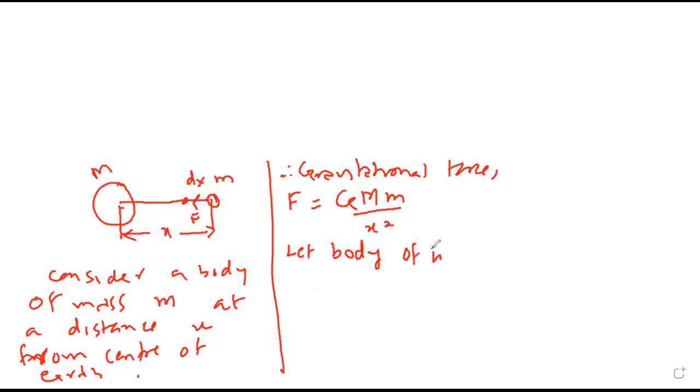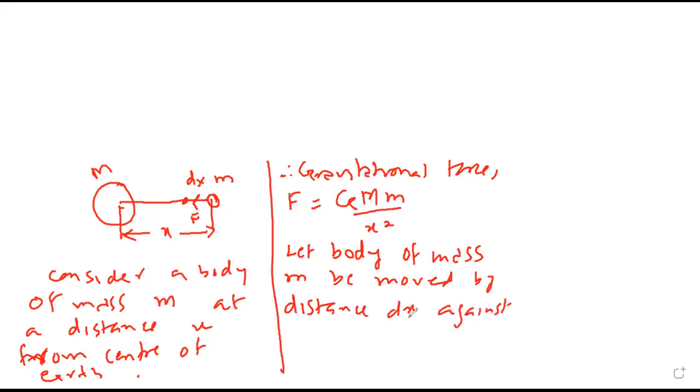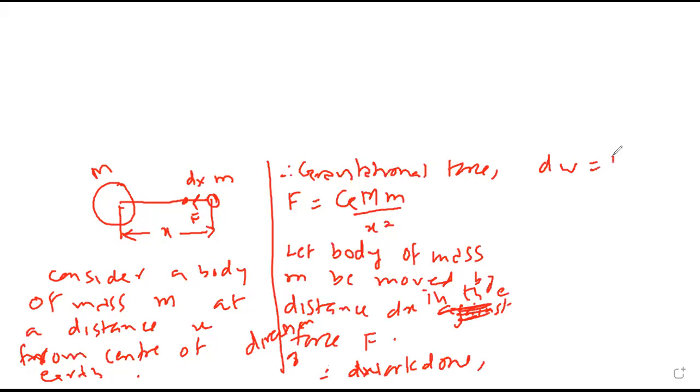So let the body of mass m be moved by distance dx in the direction of force F. Therefore, dW is force into displacement, so dW is G M m upon x square into dx.